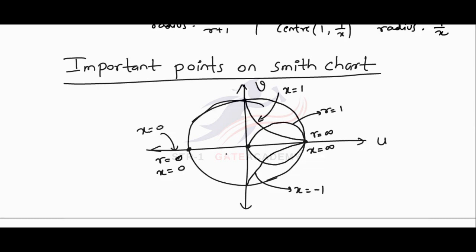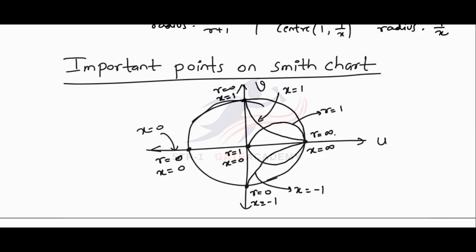This point denotes r equal to 1 and x equal to 0. This point denotes r equal to 0 and x equal to minus 1. And this point denotes r equal to 0 and x equal to 1. So these are a few very important points.